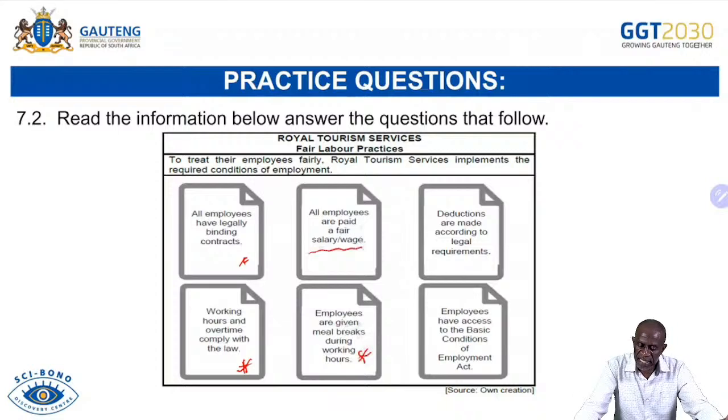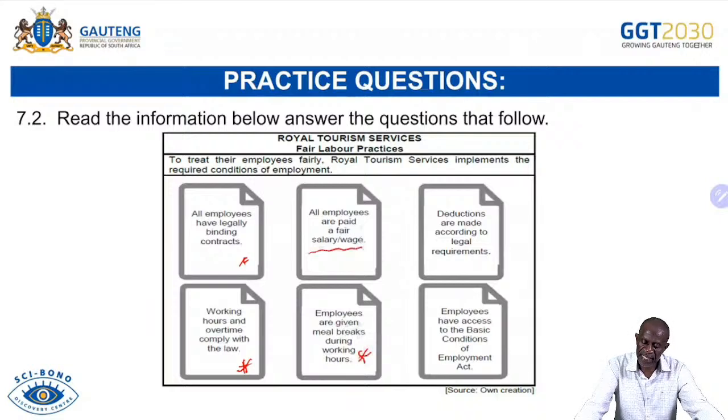Deductions are made according to the legal requirements. So the deductions such as UIF, which is unemployment insurance benefit, and deductions such as tax are made in relation to the law.